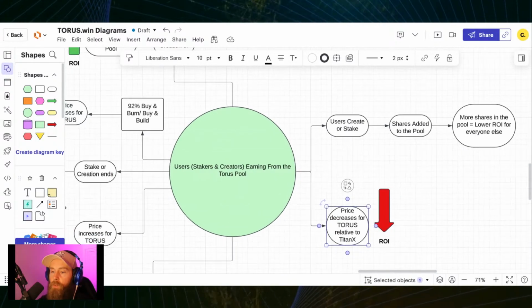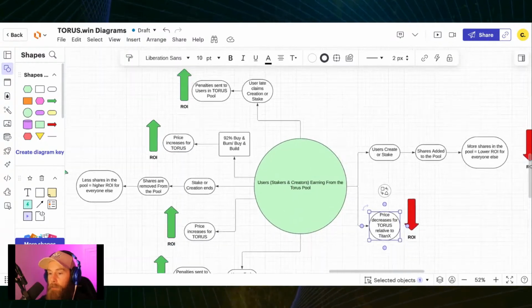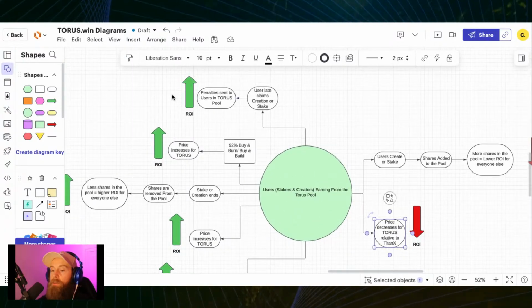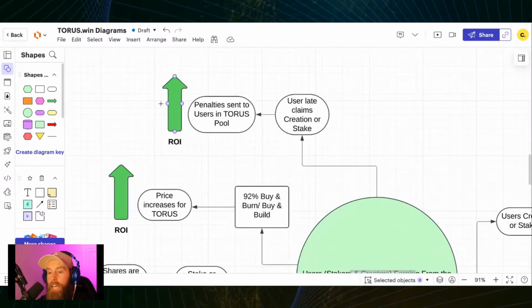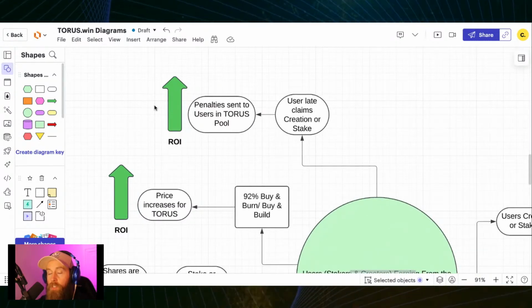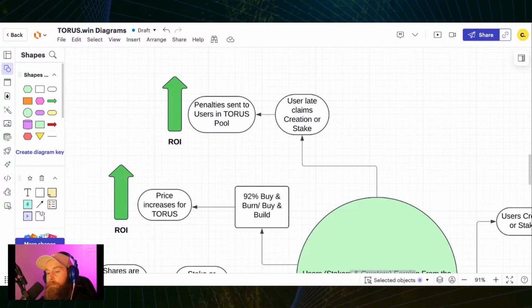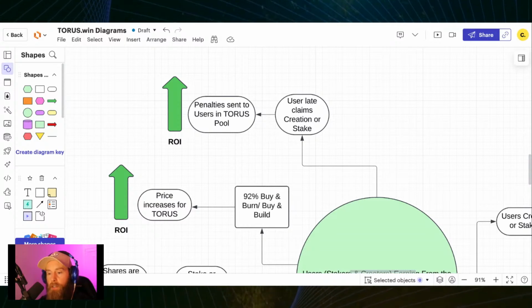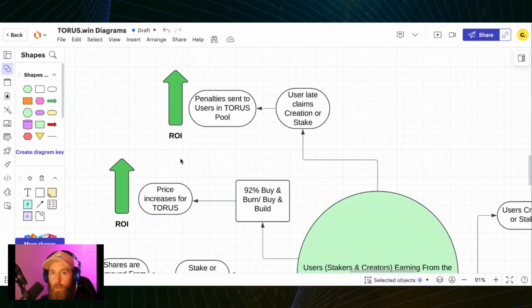So here's the ways though that the ROI can go up. When people early end their stakes, which you can do at the 50% mark, or if users don't end their stake or creation before their 14-day grace period is up, the penalties get sent back to the users that are in the TORUS pool.